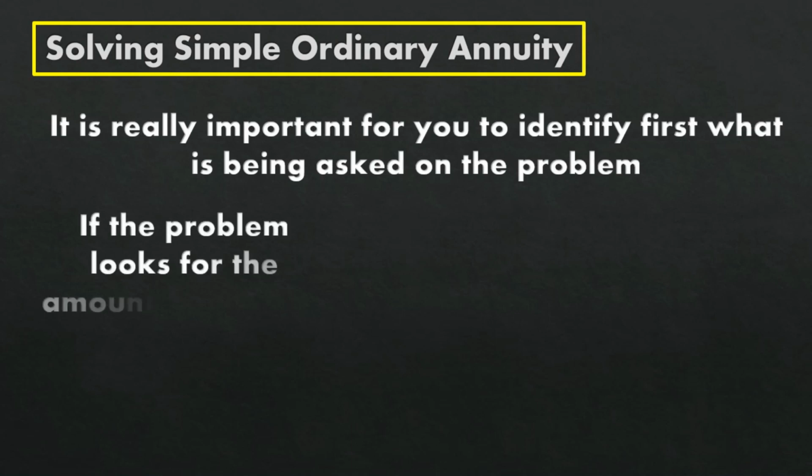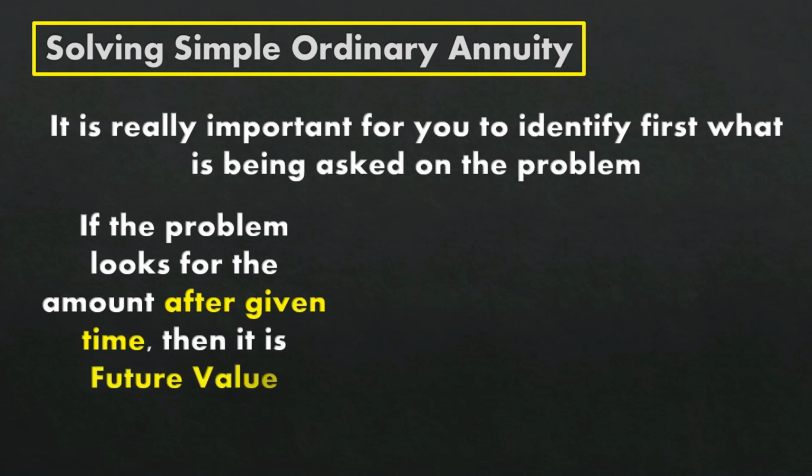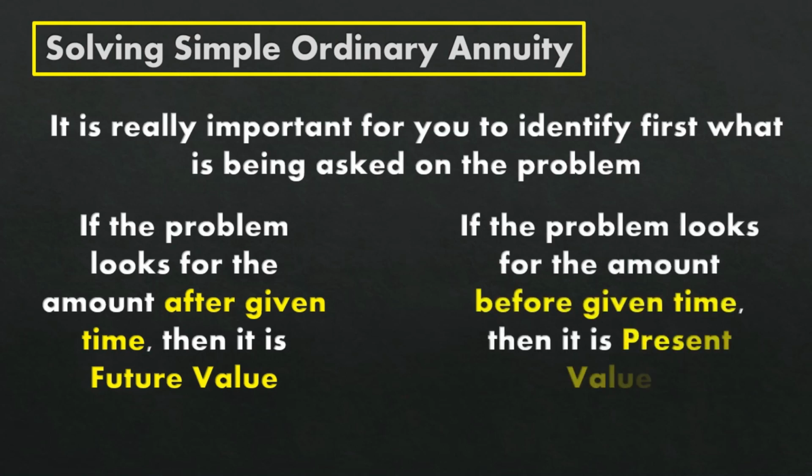If the problem looks for the amount after a given time, that means future value. If the problem looks for the amount before the given time, that means present value.